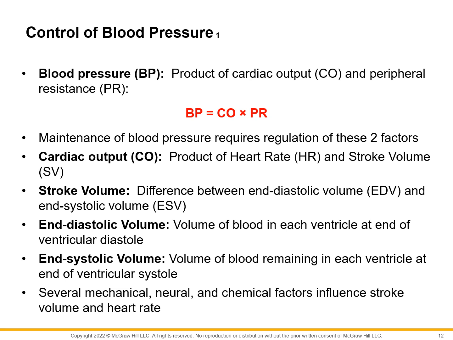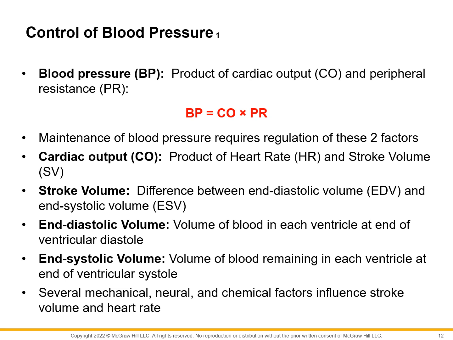After the contraction occurs, we still have some blood remaining in the ventricle. If we subtract the amount of blood at the end of ventricular systole from the amount at the end of ventricular diastole, this is the amount that is going to be ejected, and this equals the stroke volume.